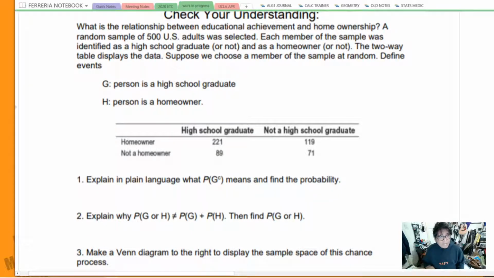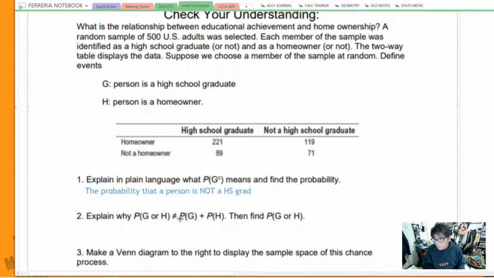So in plain language, what does G complement mean? G complement is the complement of G being a high school graduate, so either you are a high school graduate or you're not a high school graduate. So P of G complement is the probability that a person is not a high school graduate.